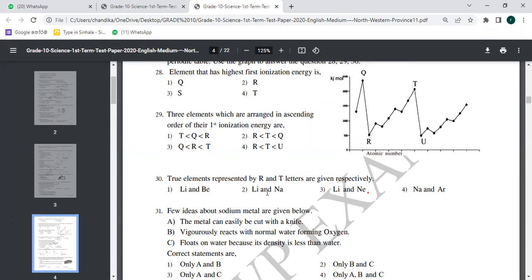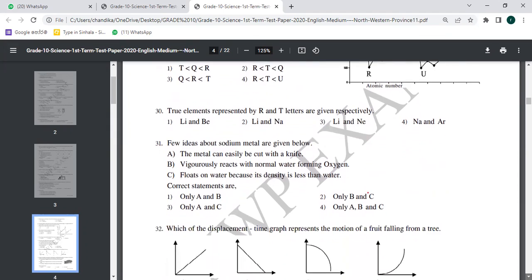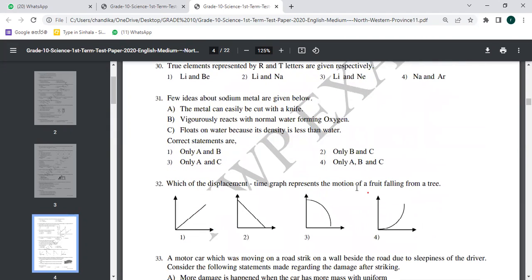You have to say in order. Lithium and neon. Answer 3. The third one is correct. Good. So you are given such questions also, right?